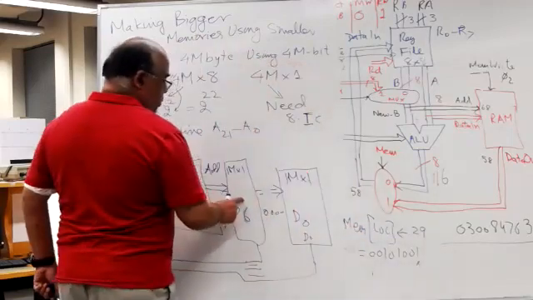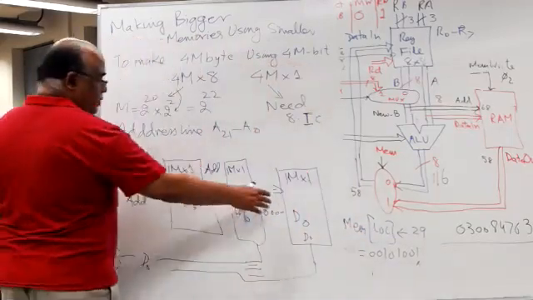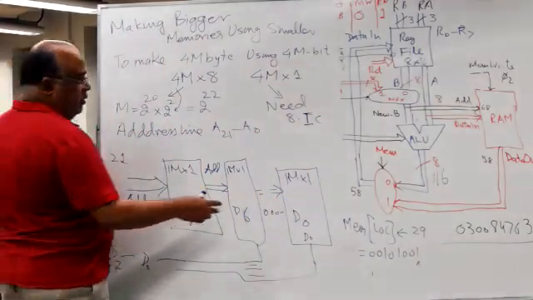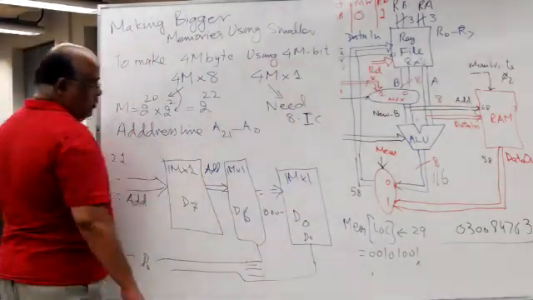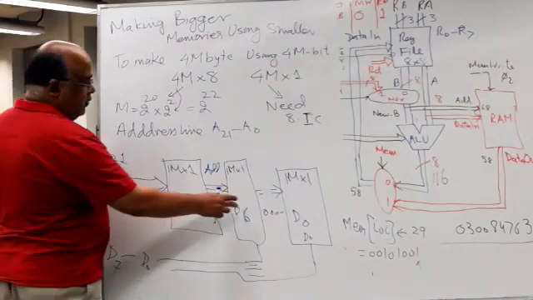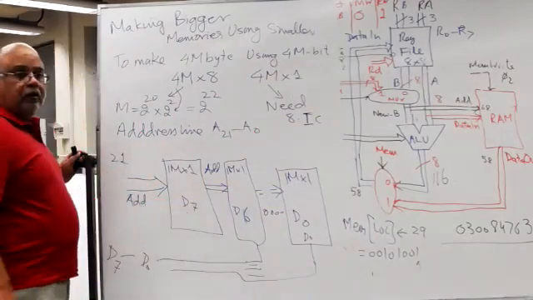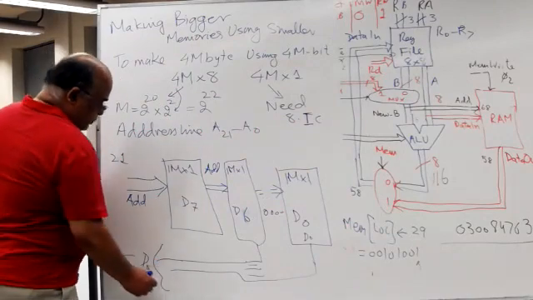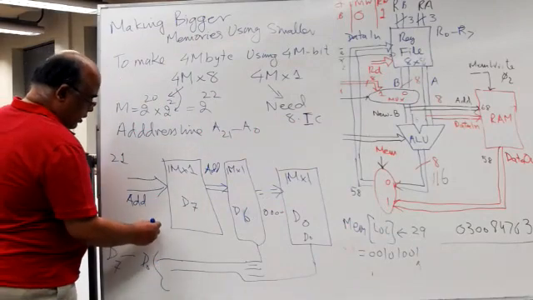This memory will store 0, so on. So all of them will store their separate bit. This will act as a storage for D0, this will act for D6, this will act for D7. So combine all of them, they will give you 8-bit storage.